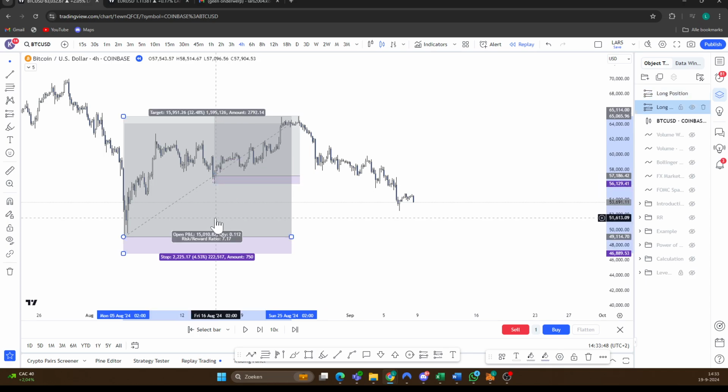So it's all risk to reward. If someone posts a screenshot of his percentage gain without showing the setup behind it and the invalidation and this long tool with the risk to reward, it doesn't matter.